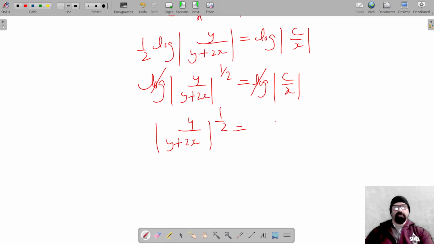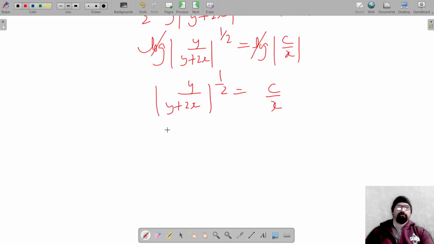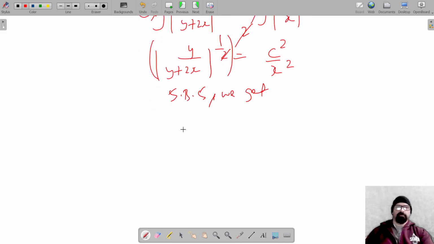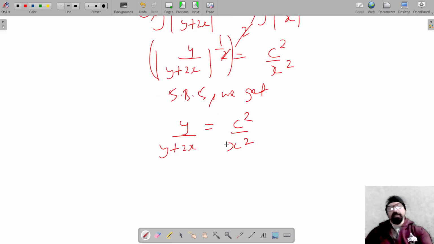Let's square on both sides. The square on both sides will take off the half, and this is c square upon x square. So y upon y plus 2x is equal to c square by x square.